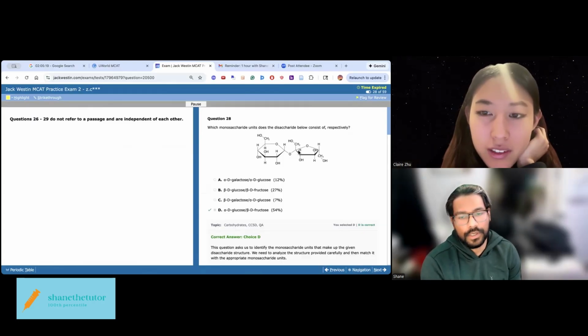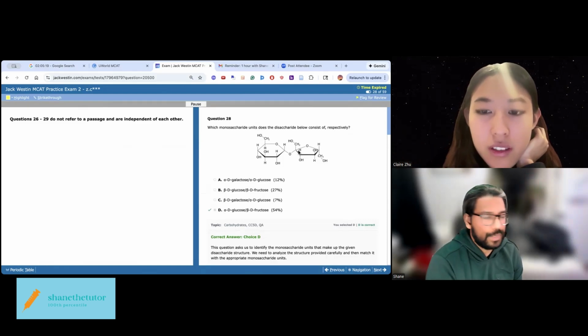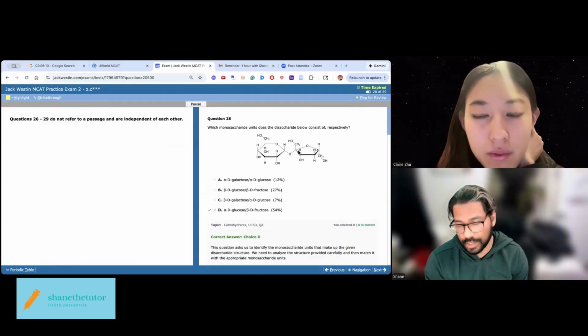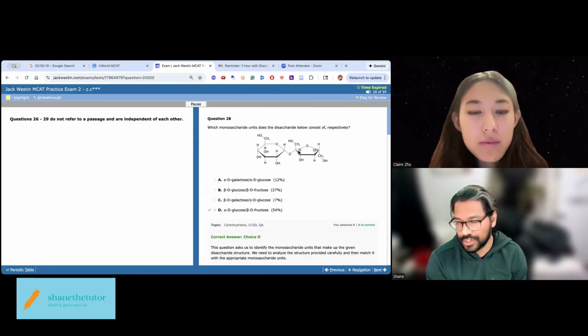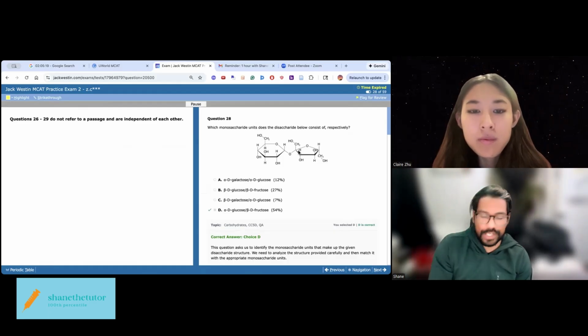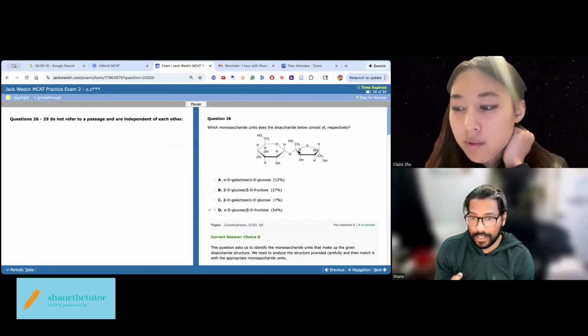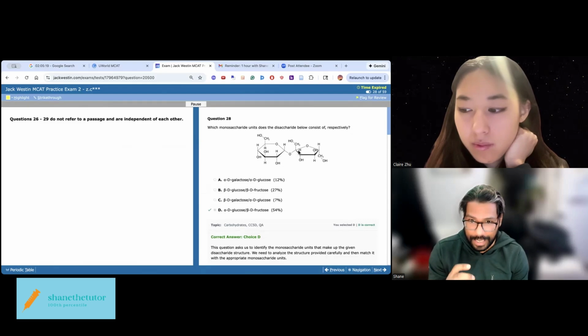Okay, so in general, for sugars, you need to know how to draw the straight chain form of glucose. Is that the Fischer projection for glucose, right? Be able to draw the straight chain form and understand how it can turn into the ring.